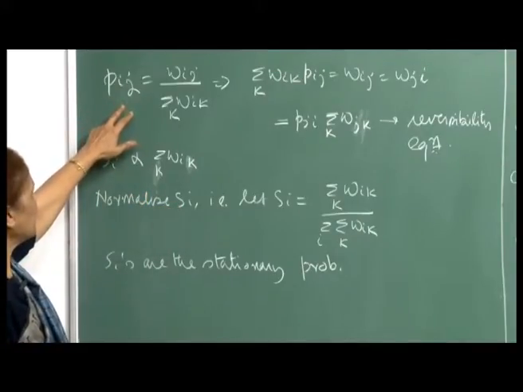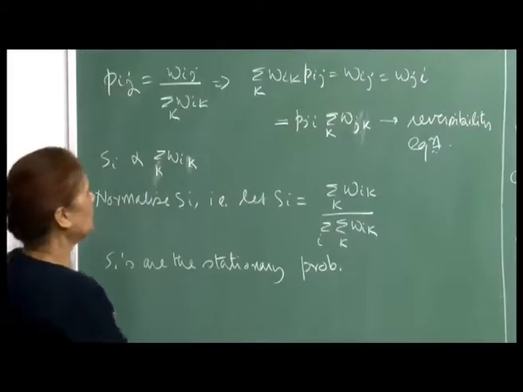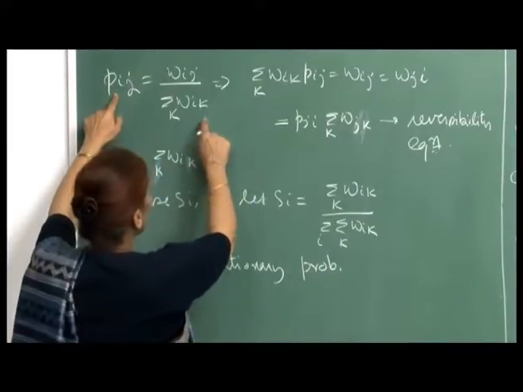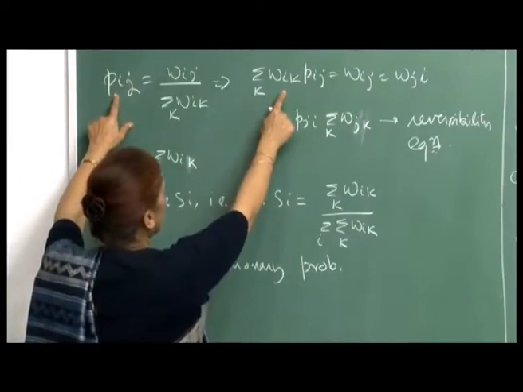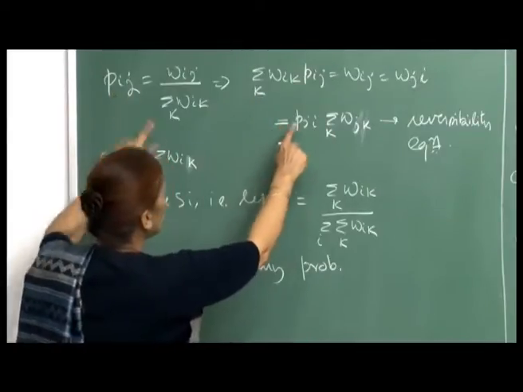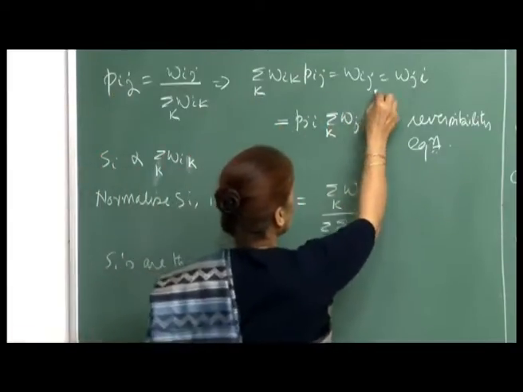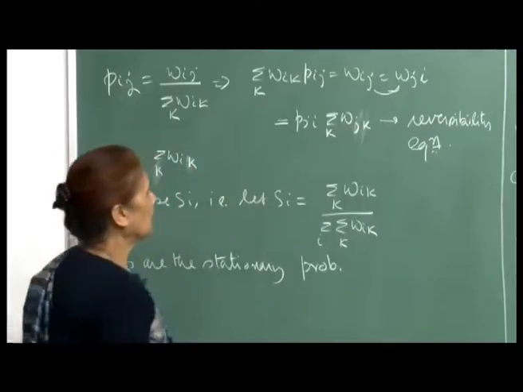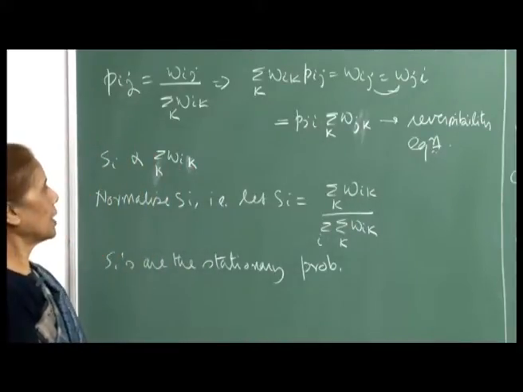So, you will define Pij as Wij over this. If you write this as this, then this will be sigma Wik, summation with respect to k, Pij is Wij, and of course, we are imposing the condition that Wij is Wji, right.